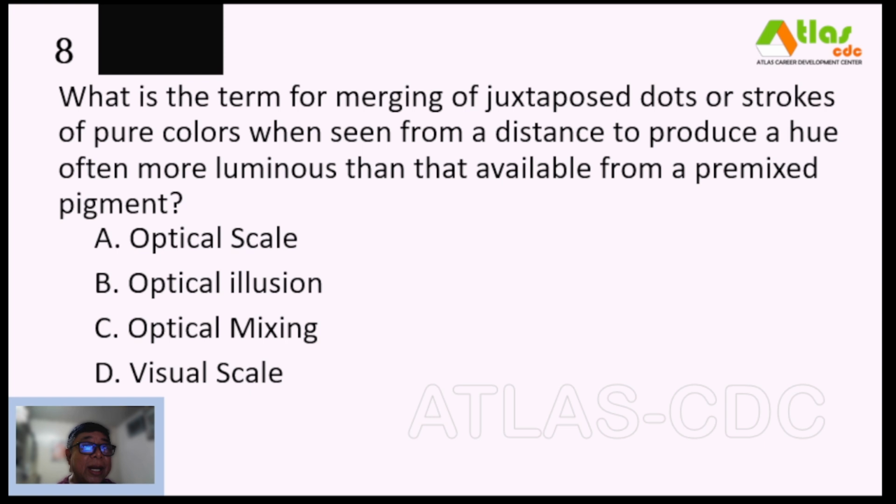Number 8. What is the term for merging of juxtaposed dots or strokes of pure colors when seen from a distance to produce a hue often more luminous than that available from a premixed pigment? A, optical scale. B, optical illusion. C, optical mixing. And D, visual scale.